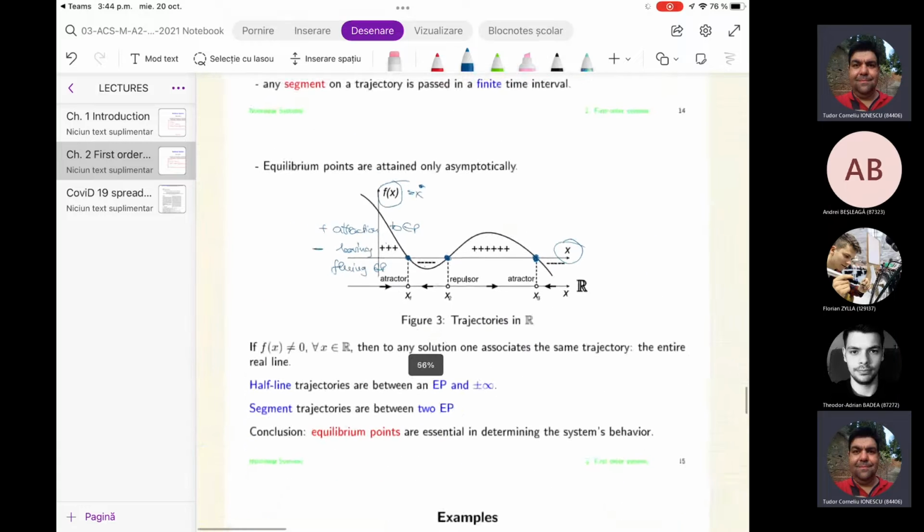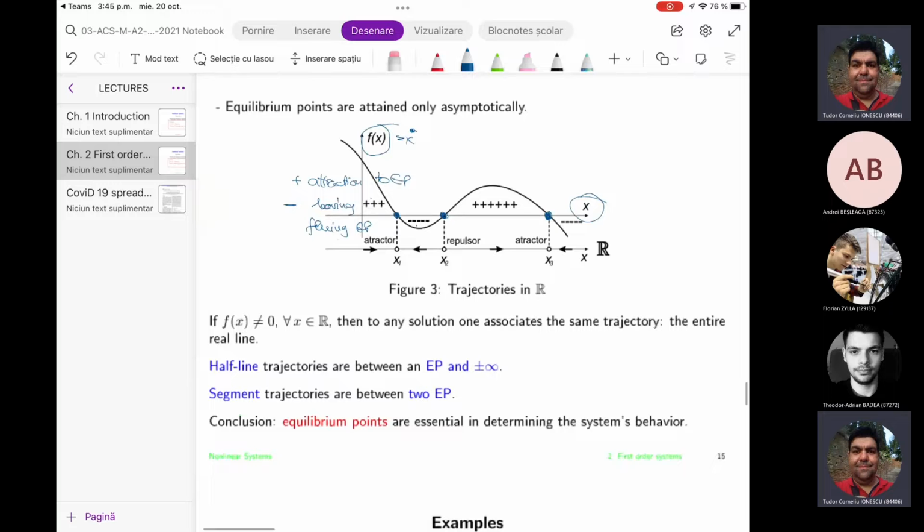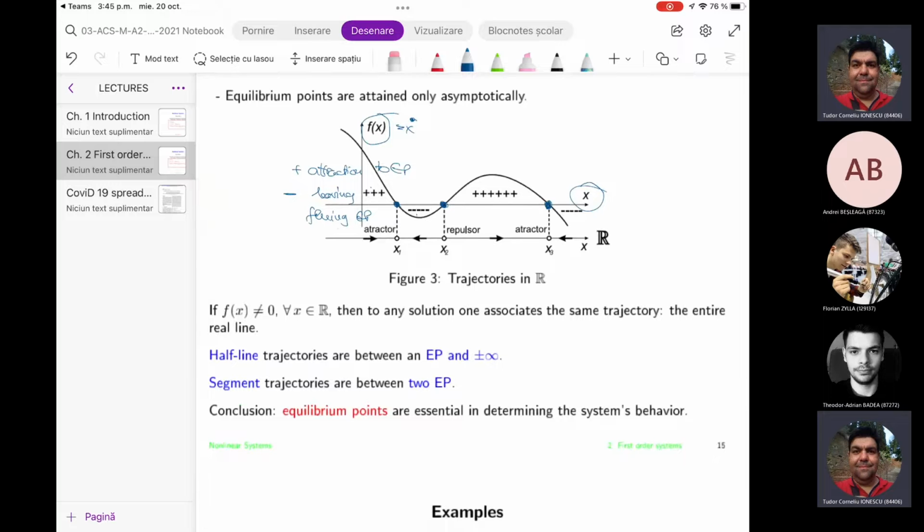So in this case, we can easily assess the stability of the equilibrium points. If f(x) is never zero, like we saw in the case of the Josephson circuit, then to any solution one associates the same trajectory, which is the whole real axis.